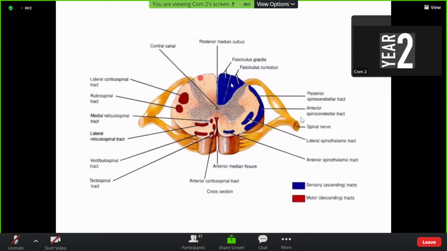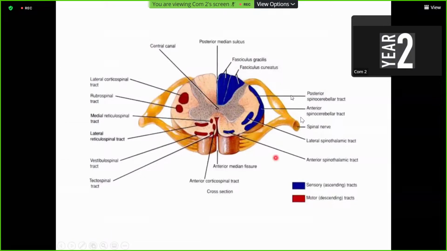Okay, so last time we discussed the different ascending and descending tracts. Within the ascending tracts, there are three major groups. One is in the posterior column, which is the fasciculus gracilis and fasciculus cuneatus. And we said these tracts are responsible for two-point discrimination, vibration, and conscious proprioception.